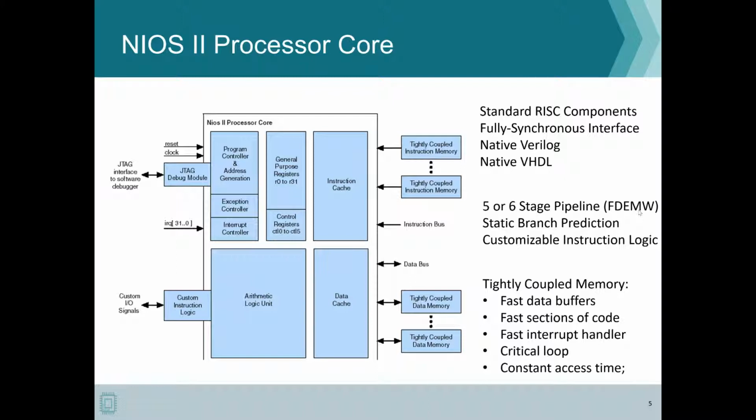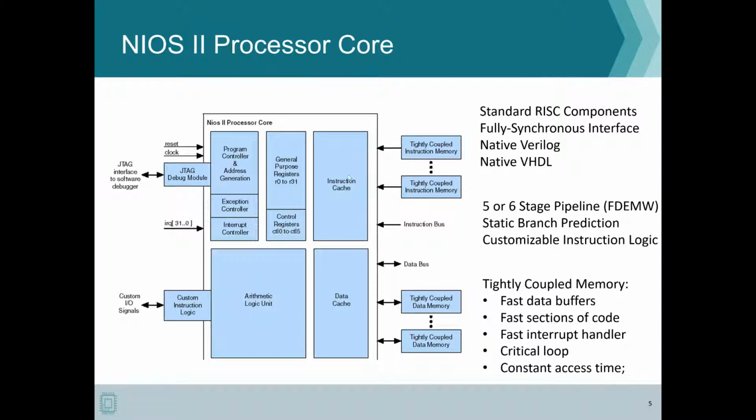It also has tightly coupled memories. You can see that it's basically a fast buffer which can hold a critical section of code or a critical loop or anything that needs to be implemented faster, like a fast interrupt handler, because it gives you a constant access time.